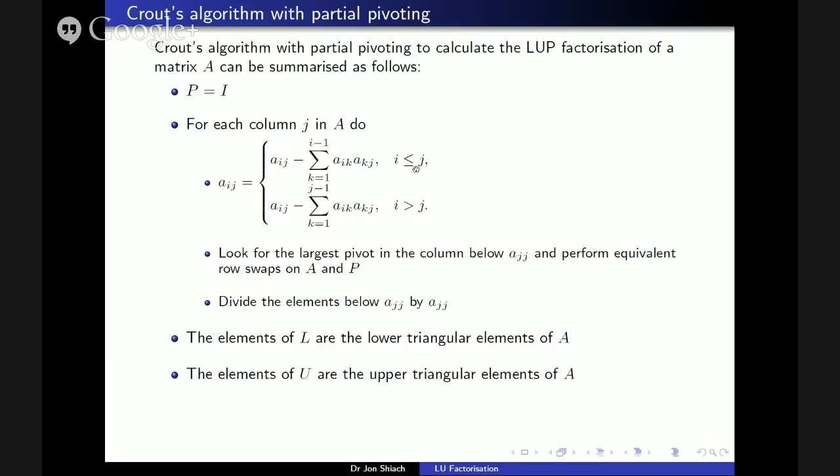So if i is less than j, in other words the upper triangular, we calculate this one. And if i is greater than j, calculate this one. The only difference is the limit on the summation.